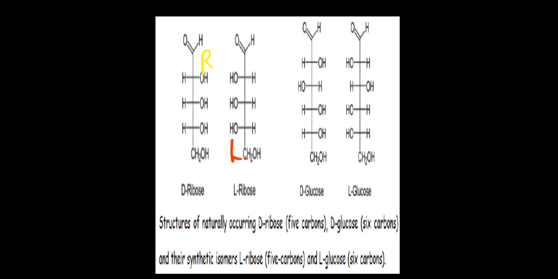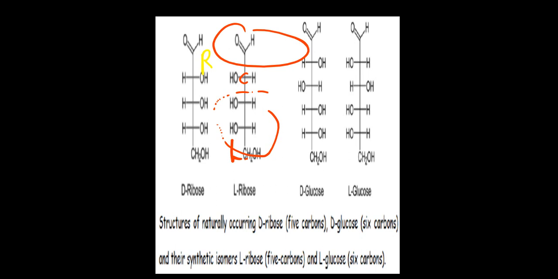This happens because of the asymmetric carbon, the carbon that is connected to 4 different groups. For example, the carbon on number 2 is connected to hydrogen, to a hydroxyl, to this whole group, and also to the carboxyl group on top.